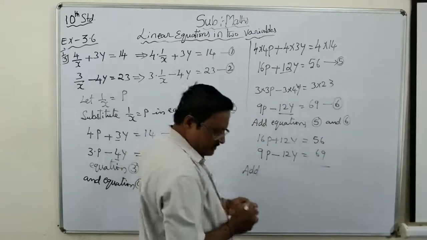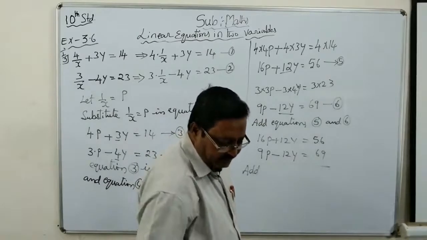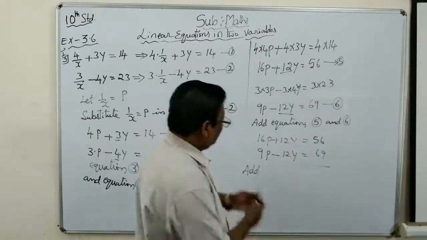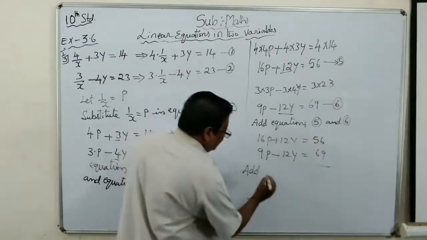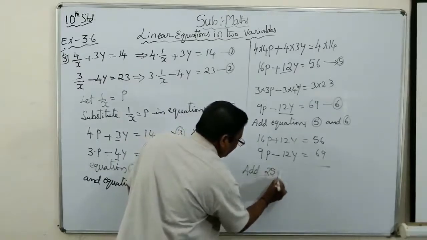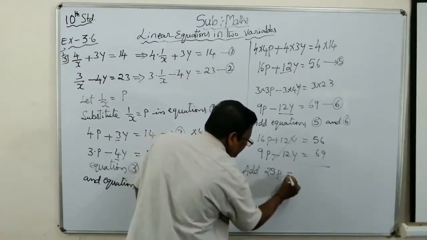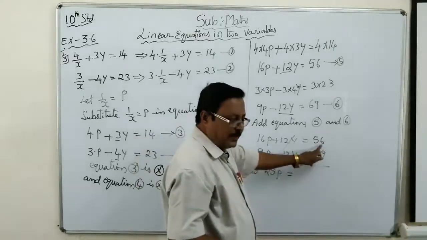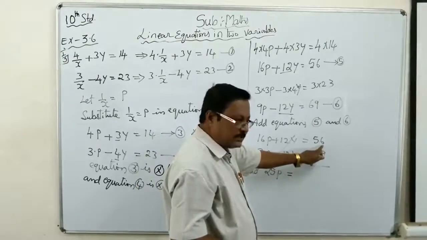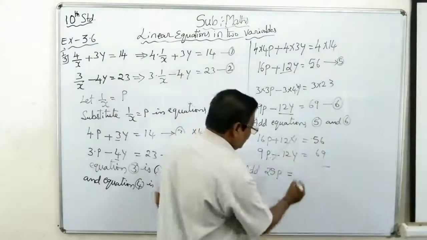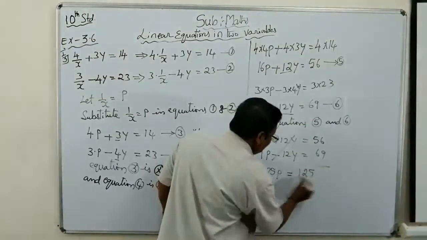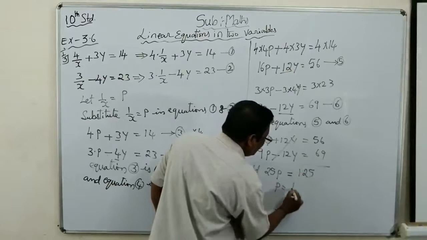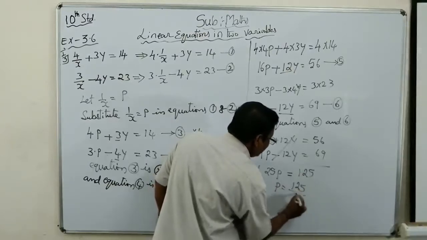Add means directly, no change of signs. Here 16 plus 9 is 25p, the y terms are cancelled, is equal to 56 plus 69, which is 125. So p is equal to 125 by 25, that is 5.